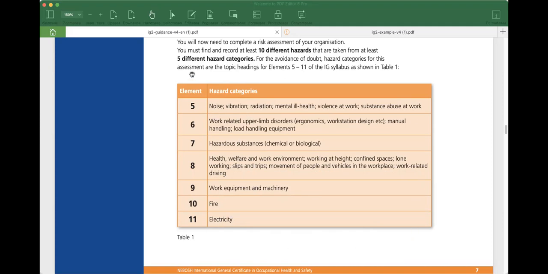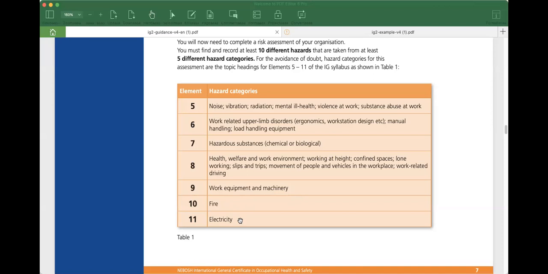Okay, so you are required to produce only 5 different hazard categories. Suppose in a general workplace, there is noise, vibration, or maybe substance misuse at work, or violence at work, or manual handling, hazardous substances, slips, trips, and falls, movement of people and vehicles, work-related driving, work equipment and machinery, fire and electricity.